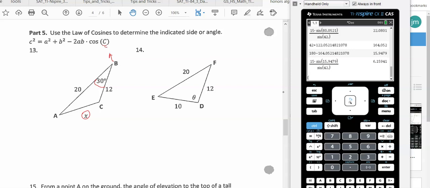So in this form, it's going to be x squared, because that's the side opposite the angle there, and these two are opposite of each other here. So x squared equals, it doesn't matter the order of the other two sides, 20 squared plus 12 squared minus 2 times 20 times 12 times cosine of the angle, which in this case is angle B.